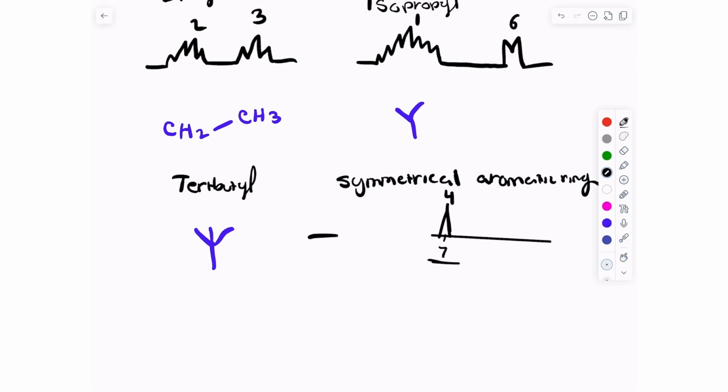So let's say you had this compound here. It's an aromatic ring, and there's 2 methyls on the side. If you notice, these 4 protons here, there's a hydrogen on each carbon.